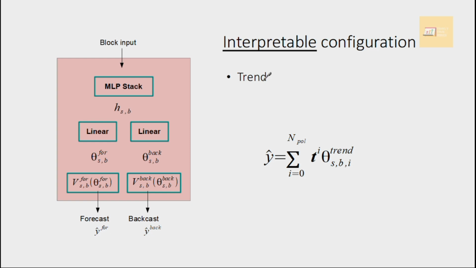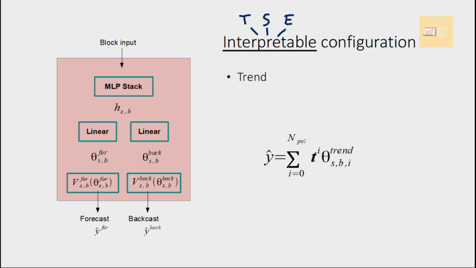By using the interpretable configuration, we are trying to mimic the traditional time series decomposition. So the basis functions available here are trend and seasonality. These two are available in NBEATS, by the way. And in addition to these two, we have the exogenous basis.